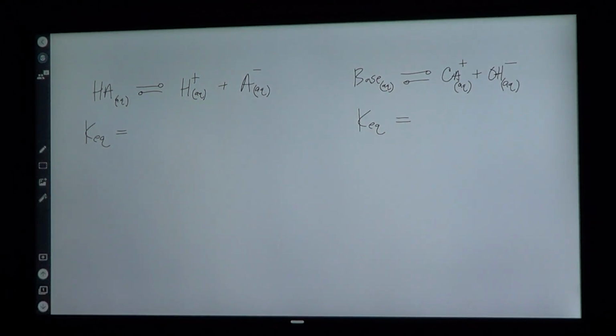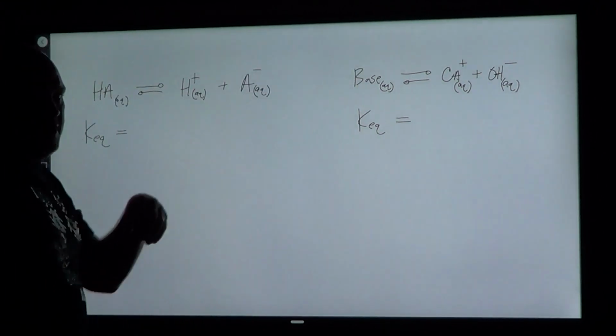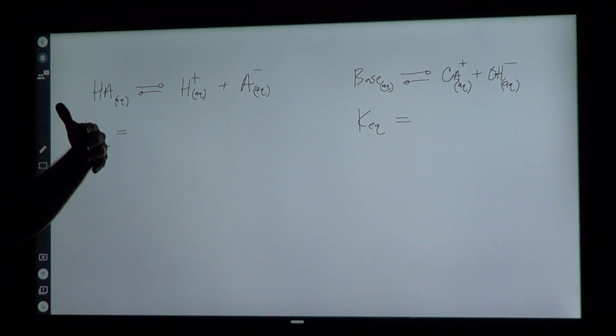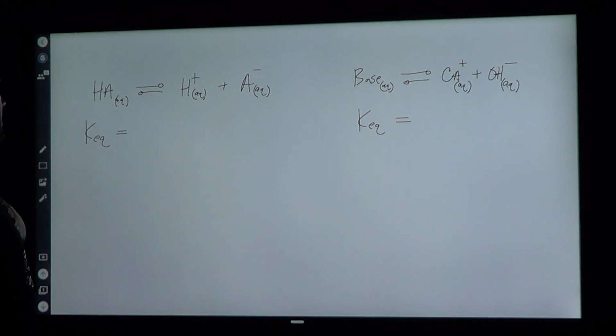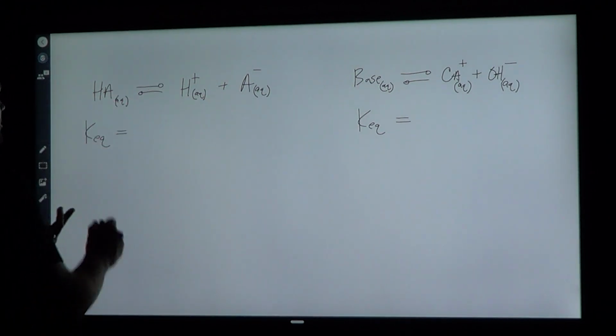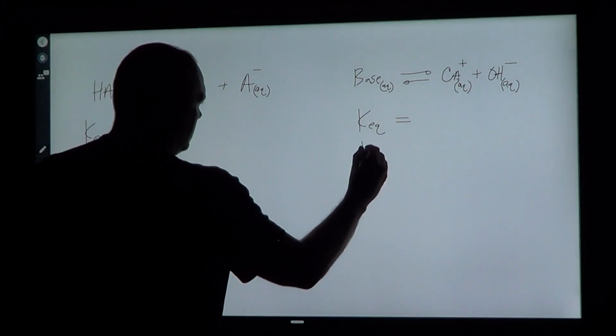Your book will always throw water in here as a reactant for these, but because water is a liquid, just like we learned last chapter, you never have to include it in your KEQ, so I left it off. So really what we're doing is we're keeping track of a KEQ, and now this looks like a solubility product, which means it's really a KSP.